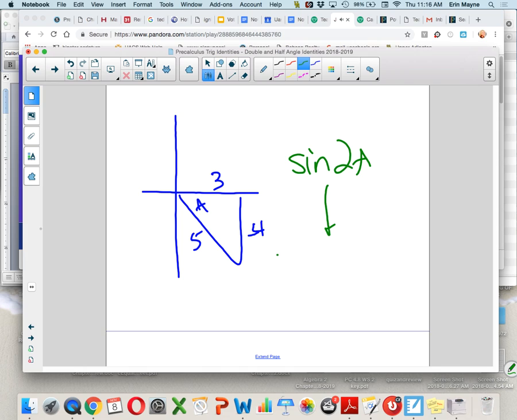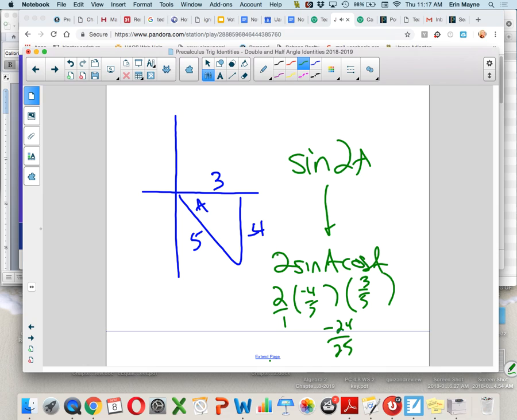Use the identity: 2 sine a cosine a. Now, what is the sine of a? Negative 4/5. What's the cosine of a? 3/5. This simplifies to negative 24/25.